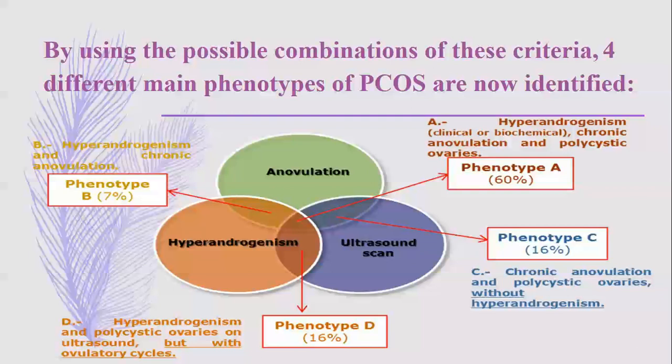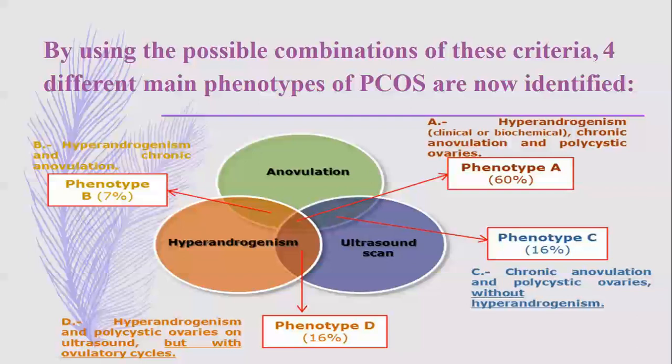In order to distinguish this disease from other diseases which may present with the same picture, we should exclude thyroid disease, for example, because hyperthyroidism may present with an irregular cycle.